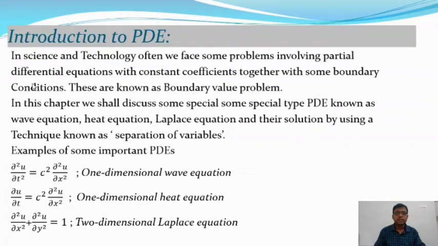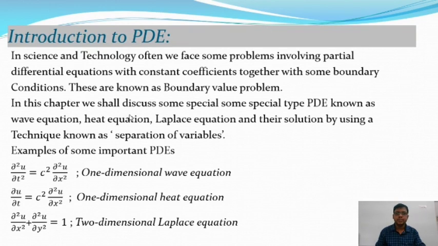In science and technology, we often face problems involving partial differential equations with constant coefficients, together with some boundary conditions as well. A partial differential equation with boundary conditions is called a boundary value problem.